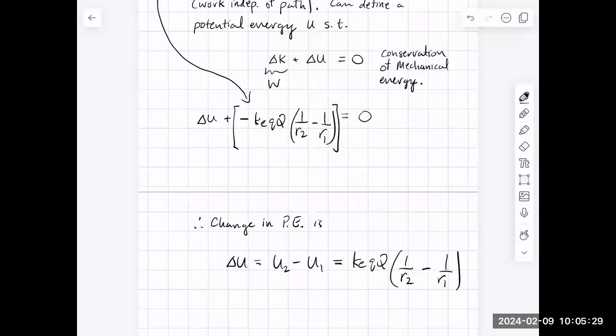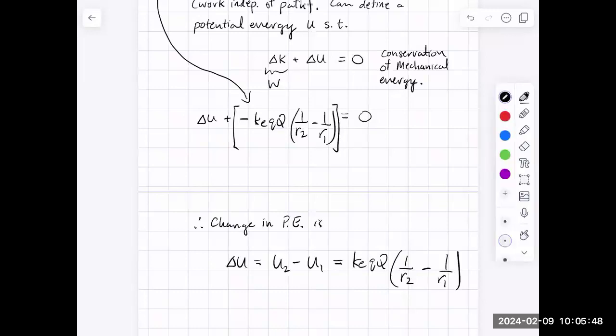On the left, our two terms are the potential energy at the final position minus the potential energy at the initial position. And on the right, we have a term that involves R2, the coordinate at the final position, and then the other term involves R1, the coordinate at the initial position.